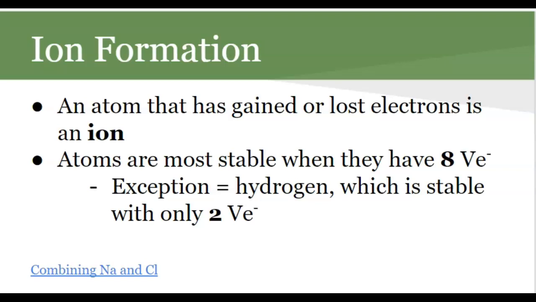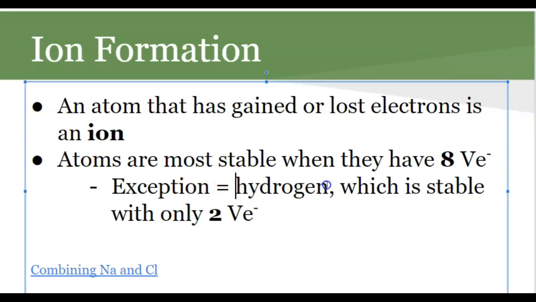It wants a very full outer shell, and that's why we have what we call the octet rule. Elements like to have 8 electrons in their outermost ring. There is one exception to the rule, hydrogen, because it only has 2 electrons, so it likes to have 2 in its first shell. But everything else likes to have 8.